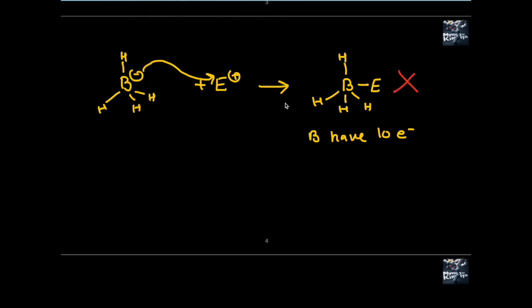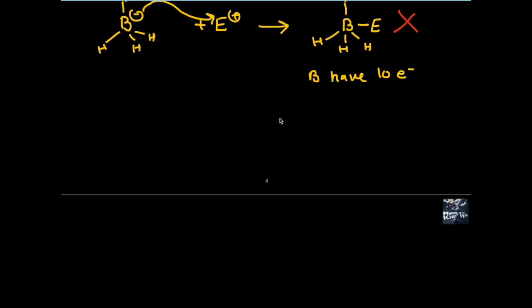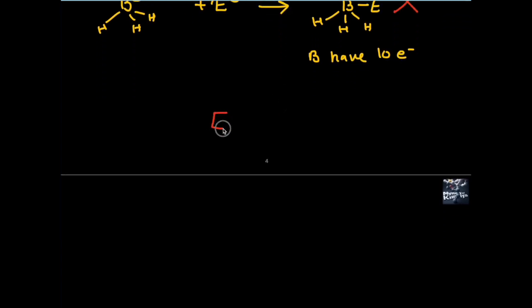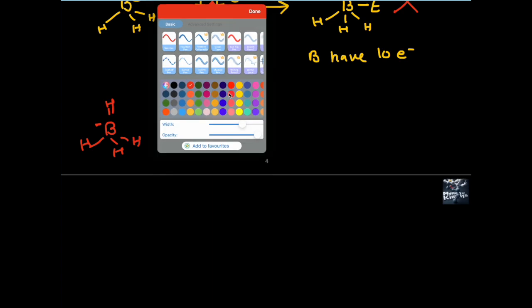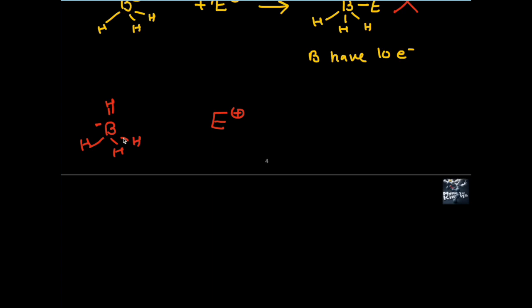So what actually happens if we have an electrophile is that the borohydride basically does not release H minus, but it donates boron hydrogen sigma electrons to this electrophile, and we have E-H bond formation and BH3.